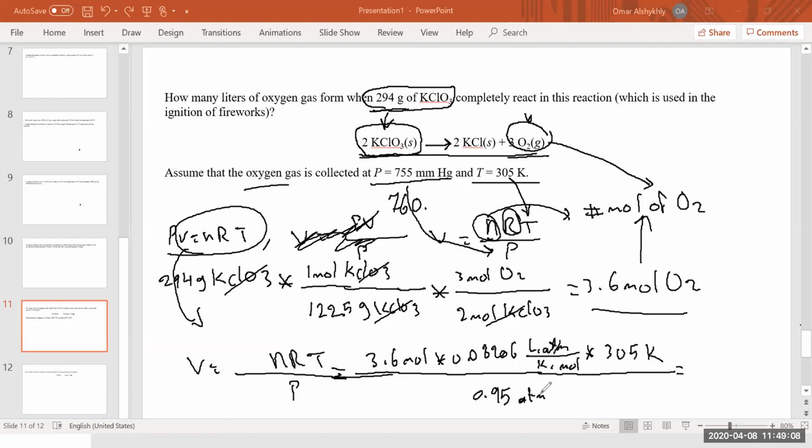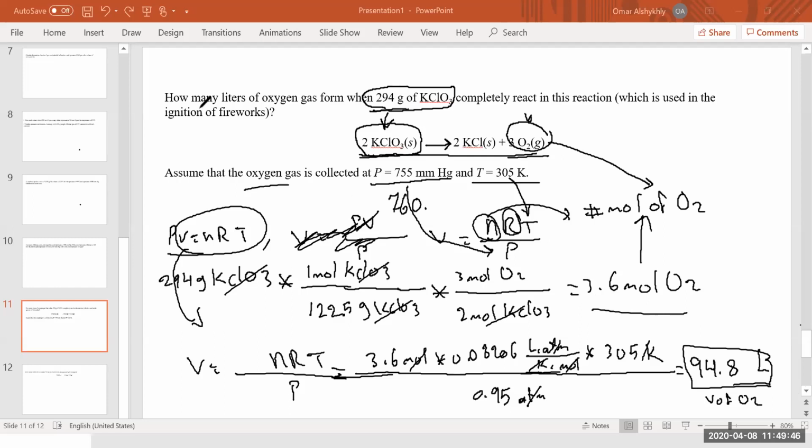Okay, so atmosphere with atmosphere, mole with mole, Kelvin with Kelvin, and our volume will be in liter. Let's do the math here. It will be 3.6 times 0.08206 times 305 divided by 0.95, and we will get 94.8 liter. 94.8 liter is the volume of oxygen gas.